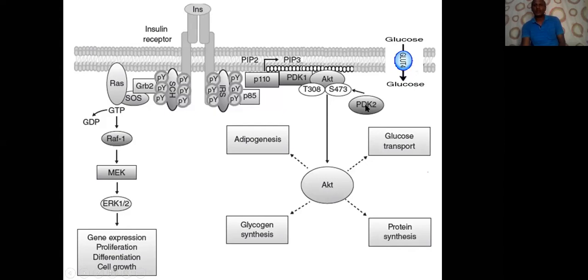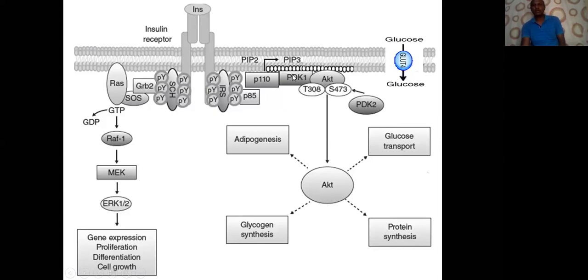This is one, and because here protein dependent kinase 2 activates the serine, that is serine 473, whereas protein kinase 1 causes the phosphorylation of the threonine, that is amino acid 308.